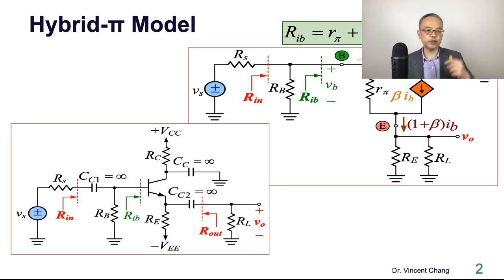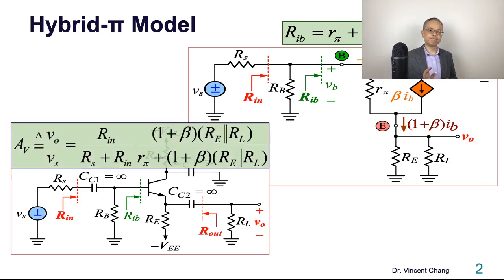And then the voltage gain. I think this is kind of challenging, right? If I ask you to solve the voltage gain by inspection, supported by the hybrid-pi model, it is a little bit too much.